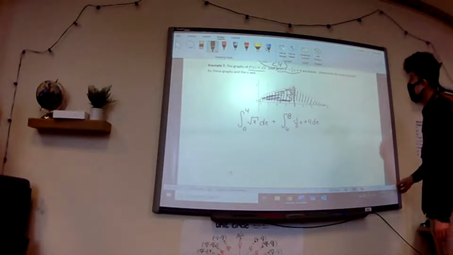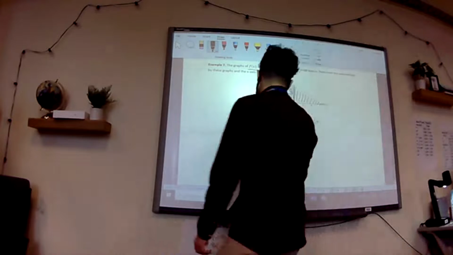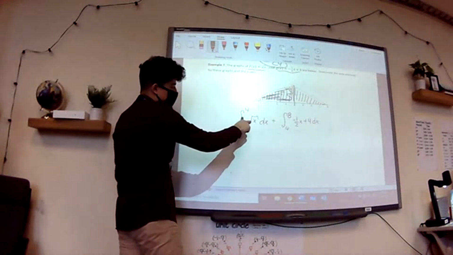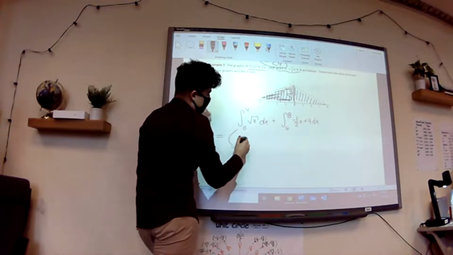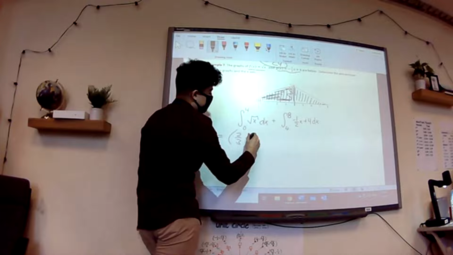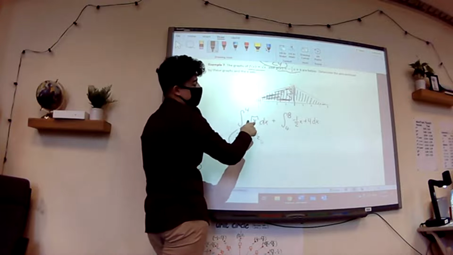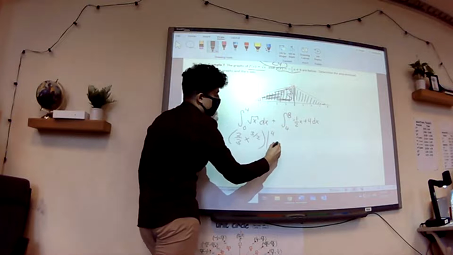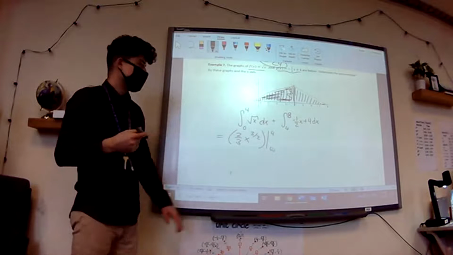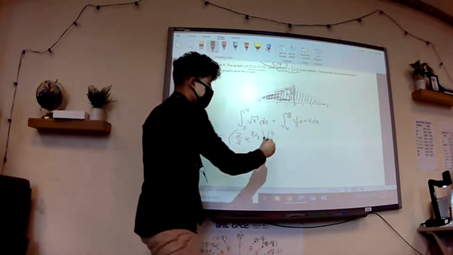If I were to evaluate all these, well, let's just do it fast. Antiderivative of square root of x would be 2/3 x to the 3/2. Remember, because this is x to the 1/2, so you add 1, etc. Okay, and then you plug in 4 and 0. Okay, we've done this a lot, that's why I'm going fast.